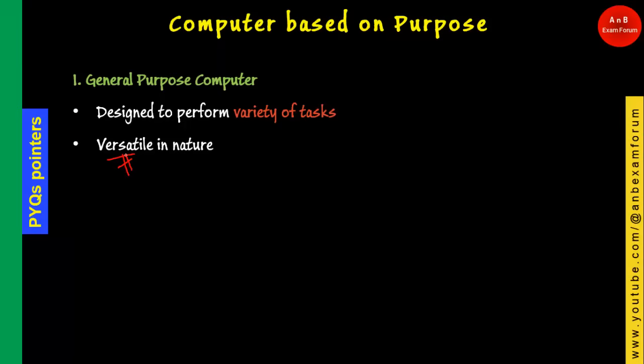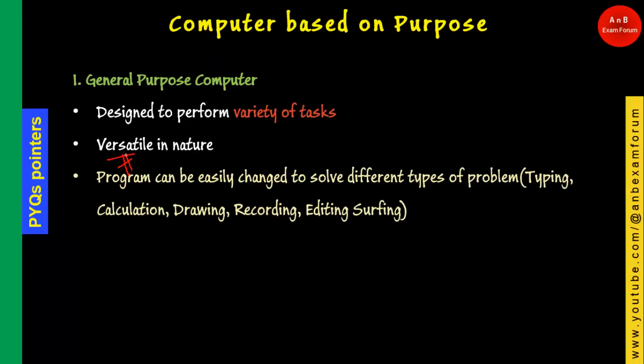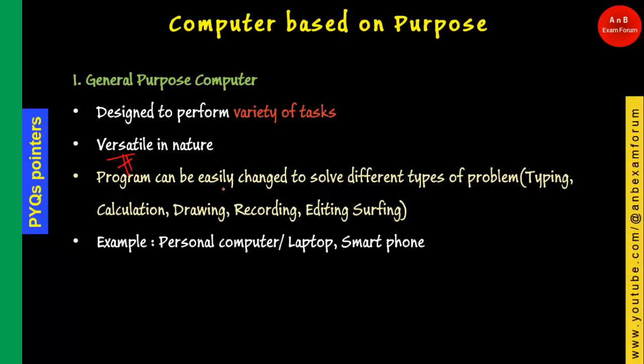A general purpose computer can be your laptop, your smartphone, your mobile. Why is it a general purpose computer? Because it can do a lot of things. You can draw, you can record on the phone, you can take photographs, you can do editing, you can do surfing. So basically the nature is versatile. So these are general purpose computers.